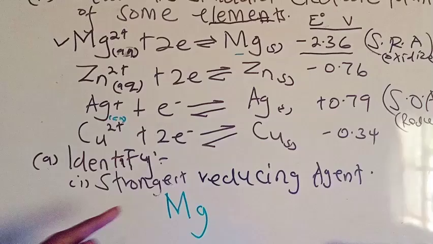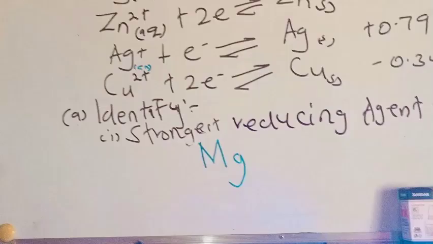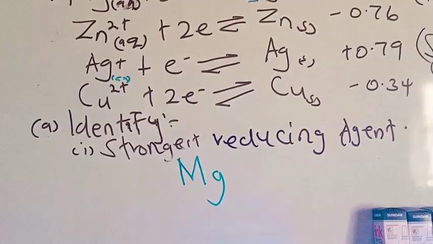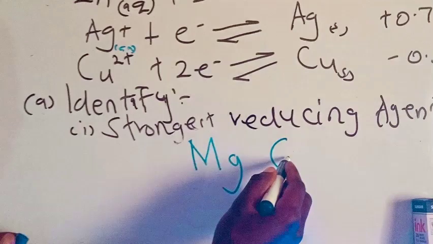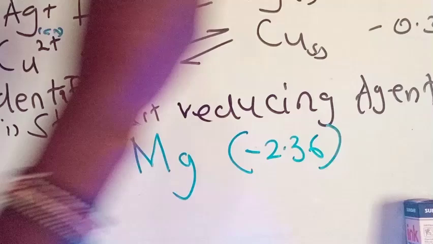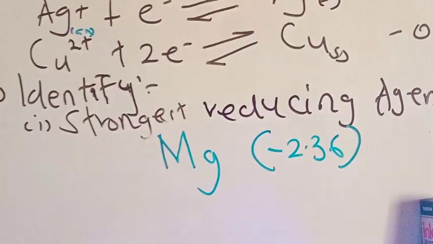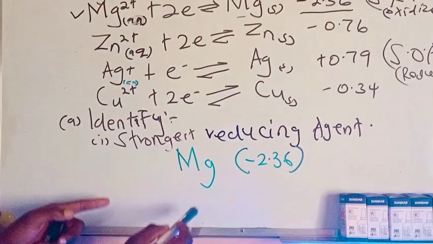Remember, the first letter, M, must be in capital. And if you are told to identify the E value of the strongest reducing agent, the value is negative 2.36. But if it says the strongest reducing agent, it becomes magnesium.